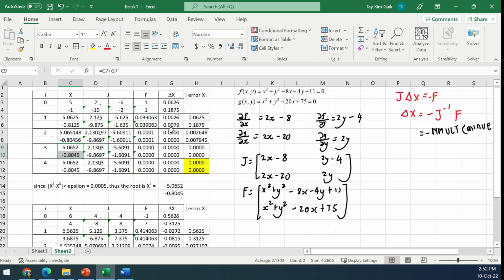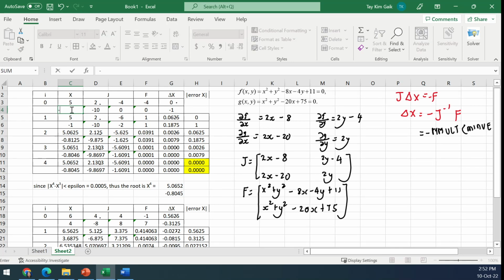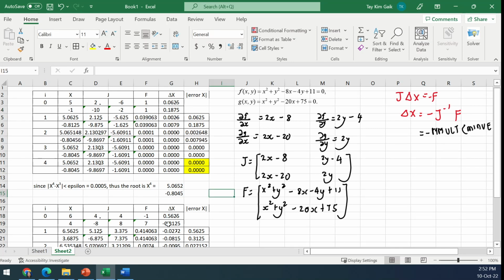And if you use the criteria delta x less than epsilon, you stop at iteration 2. So it also depends on how close the initial condition is to the solution. You see how flexible Excel is, you can just change the initial condition and find the second root.